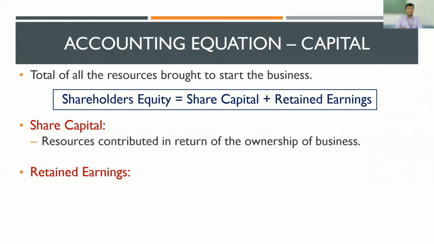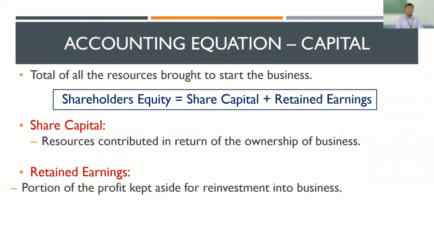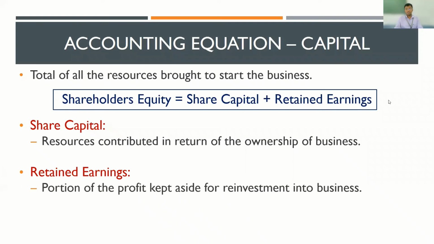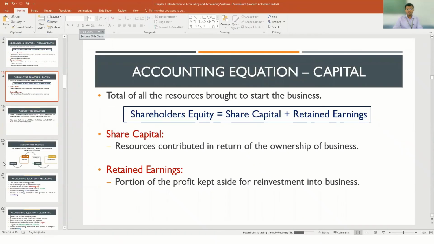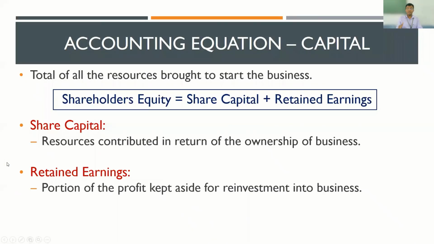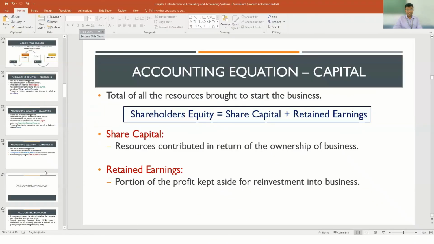Now, remember, shareholders' equity has one more component, which is referred to as retained earnings. Now, what is retained earnings? Retained earnings refers to the portion of the profit which is kept aside so that you can reinvest that into the business. Okay?